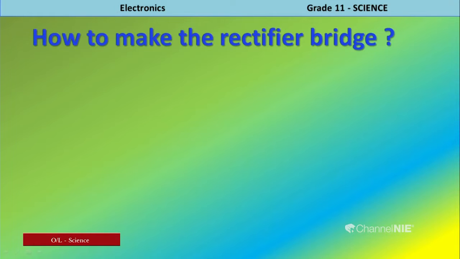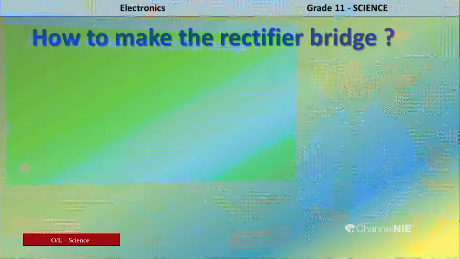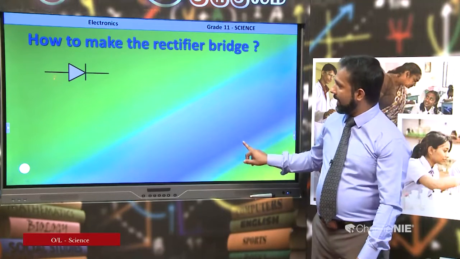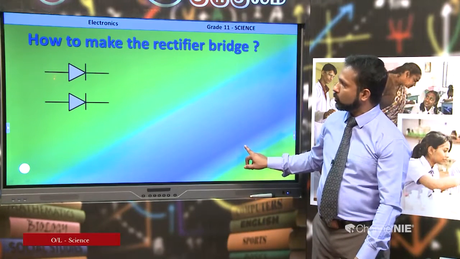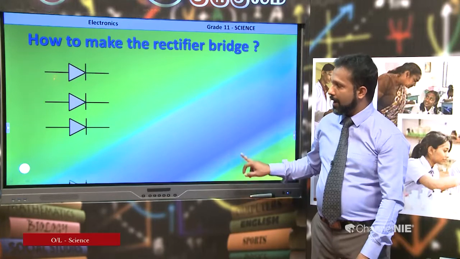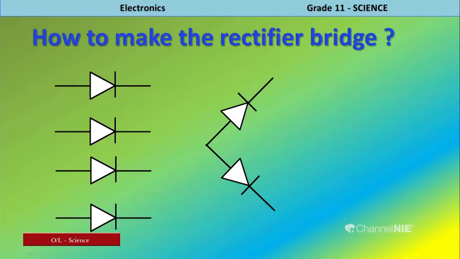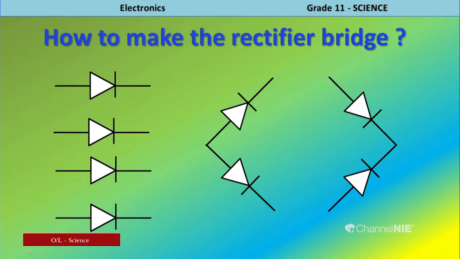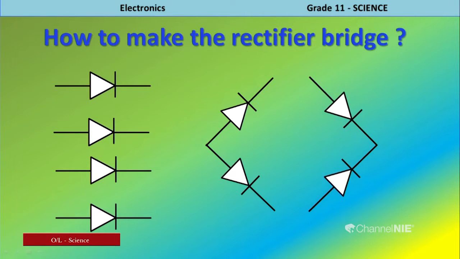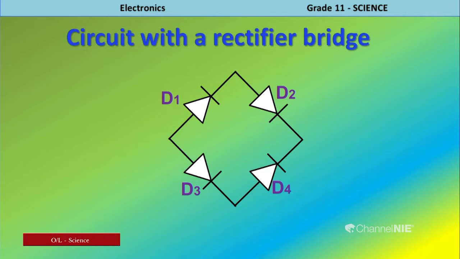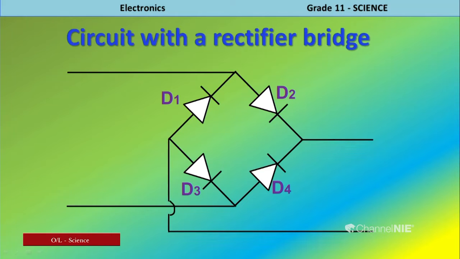How to make the rectifier bridge? I am going to show you it briefly, little by little. First of all, we have to use 4 diodes, 1, 2, 3 and 4, and we connect the 4 diodes in this way. Then we have to arrange the circuit for the full wave rectification in this manner.